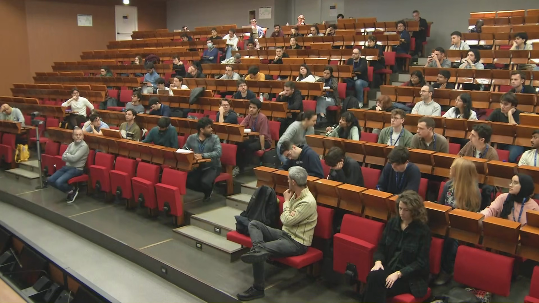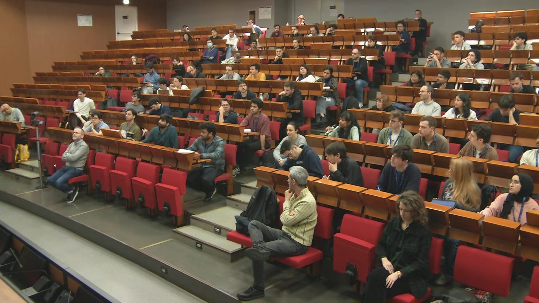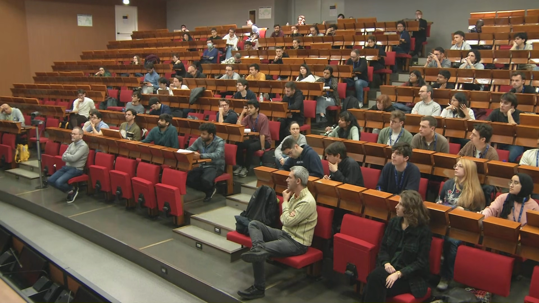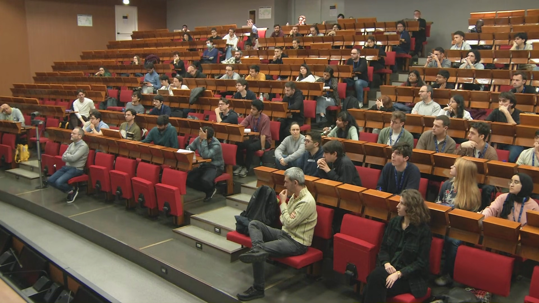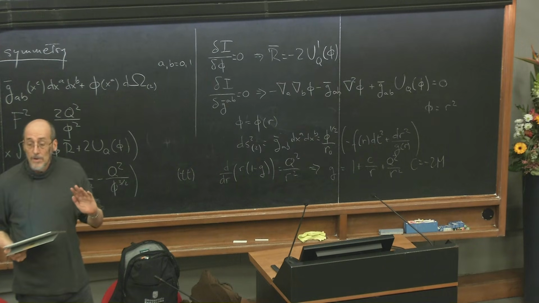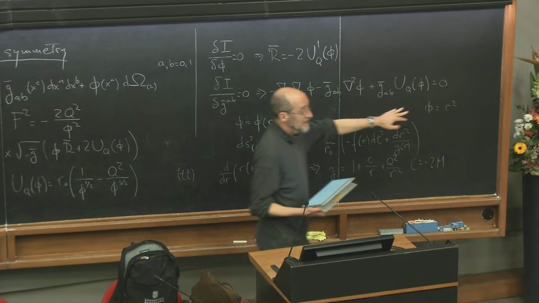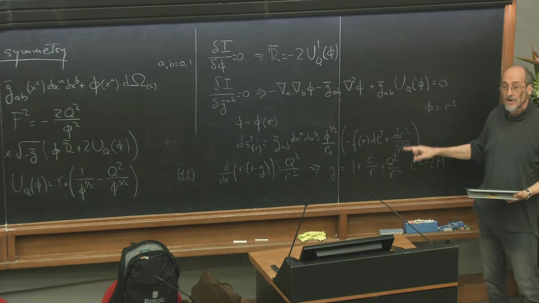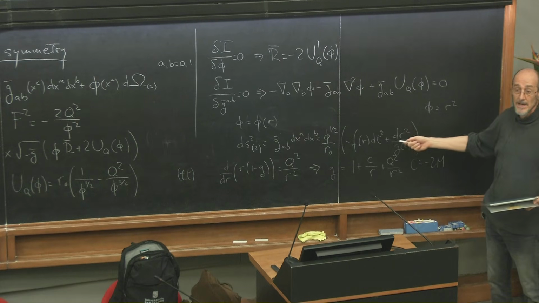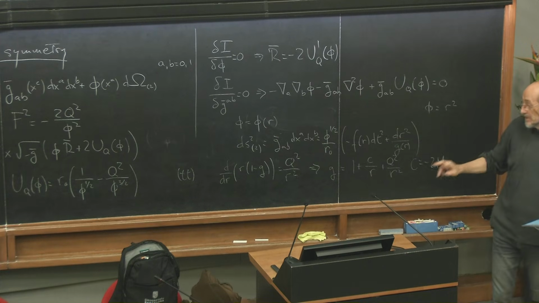Do you get phi equals r squared by extremizing with respect to phi, or is that a choice of gauge? No, this is a choice of my coordinate. You see that I can redefine my radial coordinate here. Nobody tells me what r should be.